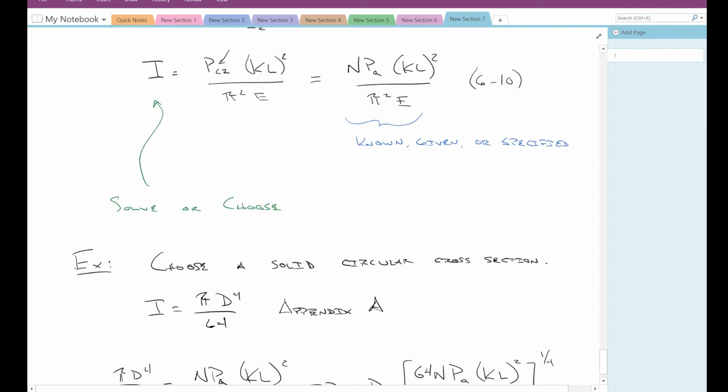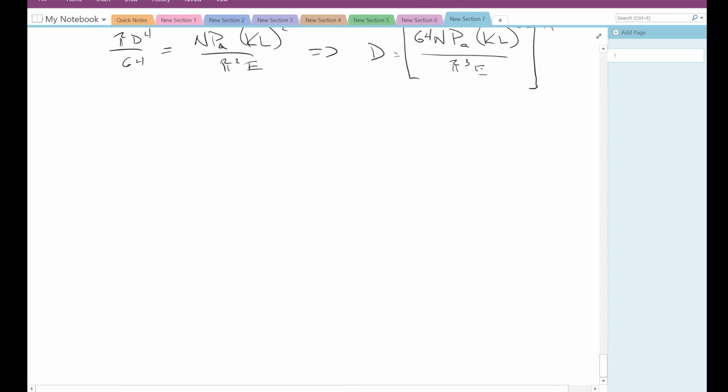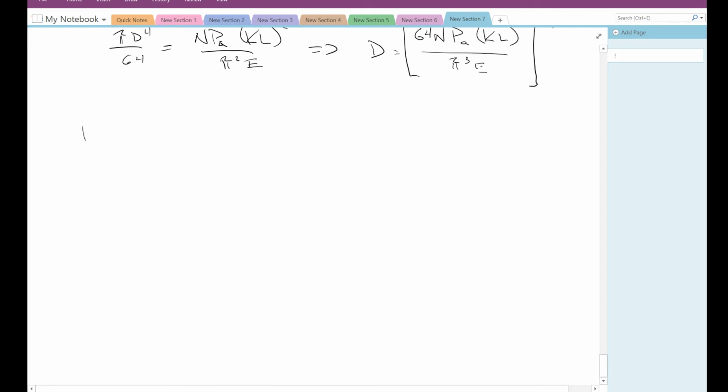Now, if we take the same sort of approach and look at our equation for a short column, P critical is equal to area times our yield stress times quantity 1 minus our yield stress times our slenderness ratio quantity squared over 4 pi squared times our modulus of elasticity here.